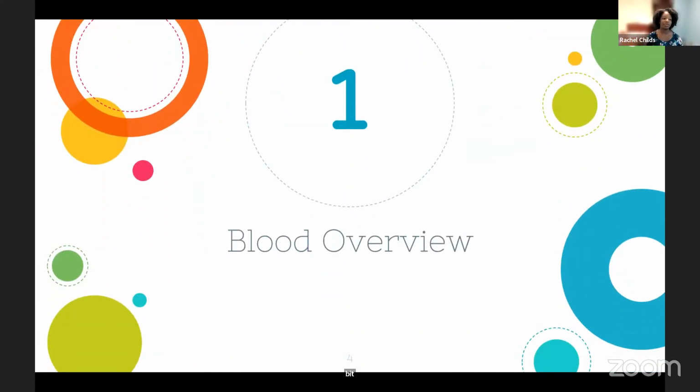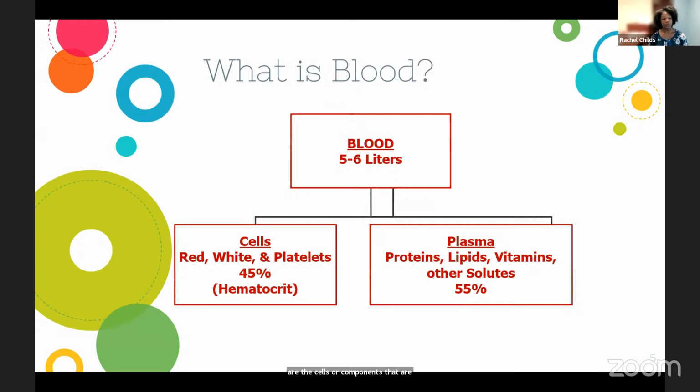A bit about what your blood is, what it's made out of, and what cells or components are present. Everyone has about 5 to 6 liters of blood in their body at any given moment. That blood is composed of cells and plasma. Within your cells, you have your red cells, your white blood cells, your immune cells, and your platelets. The ratio between your cells and your plasma, the liquid portion containing those cells, is about 50-50.